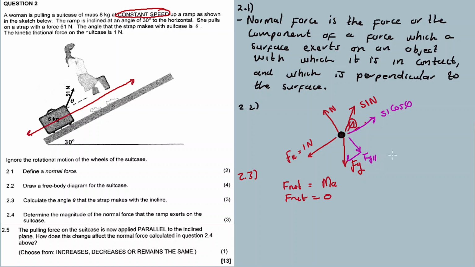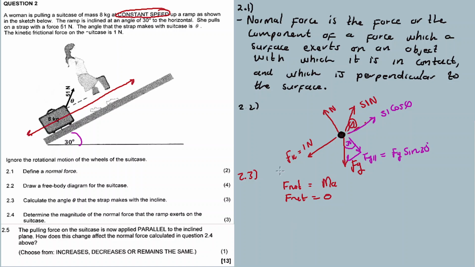Then Fg parallel is Fg sine of this angle, which is the same as this angle, 30 degrees. So it will be sine 30 degrees, right?